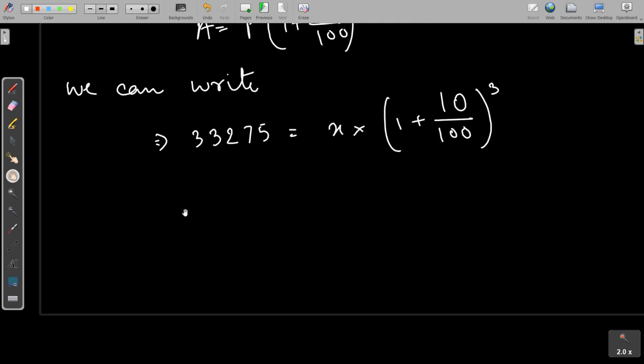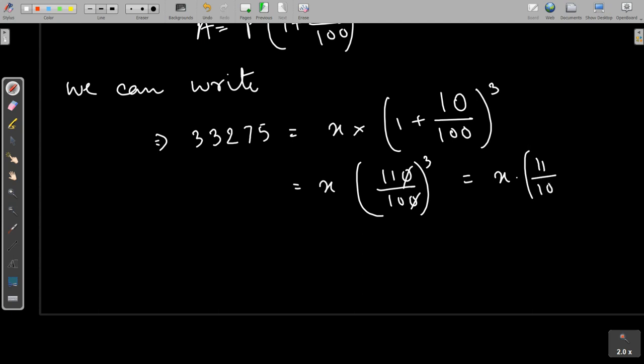And now we can solve this. So obviously this would become X times 110 by 100, cubed, cancelled out, so it would be X times 11 by 10, cubed. And on this side I would have 33275.